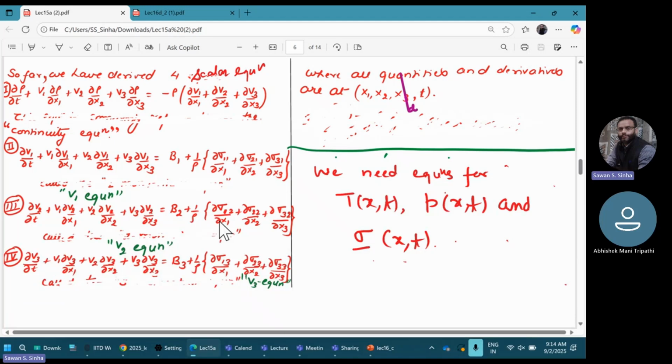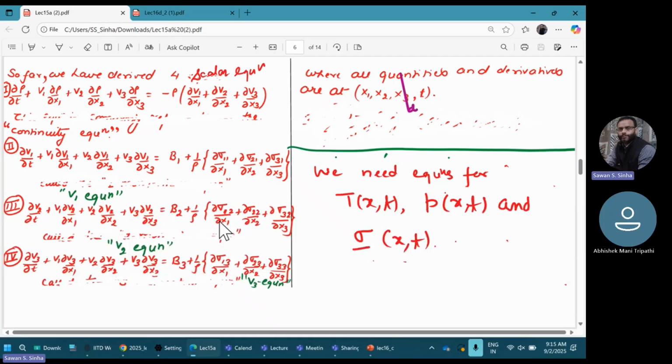Reynolds transport theorem is being used in all of them, but then based on entity we use a different law, right? For density, the law of conservation of mass gave us this equation, also called the continuity equation. And then I have shown you how to derive the three equations for V1, V2, V3.